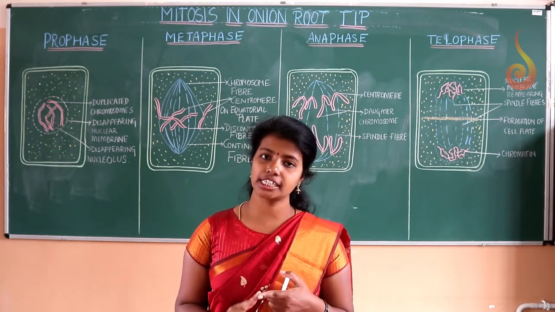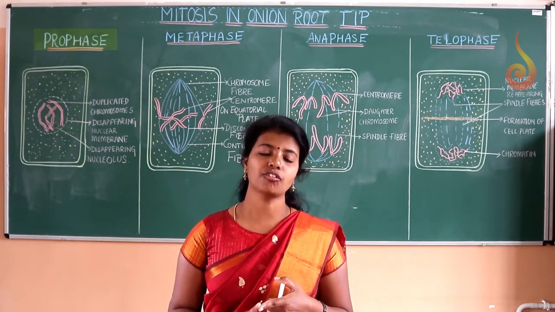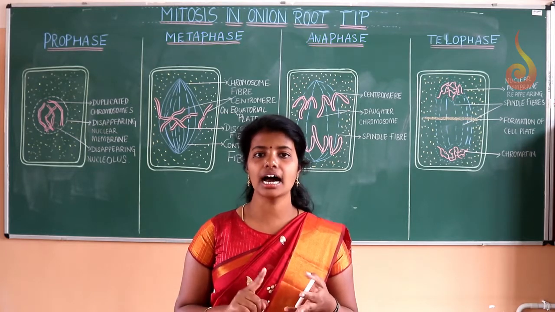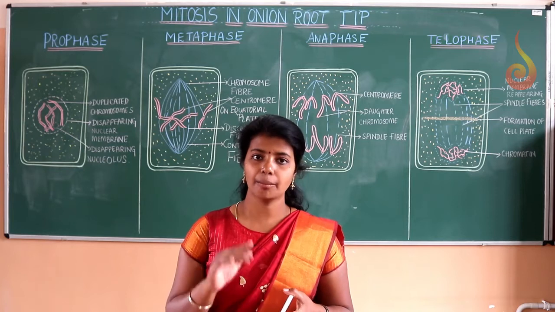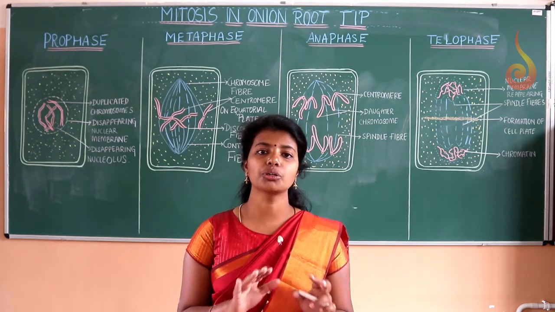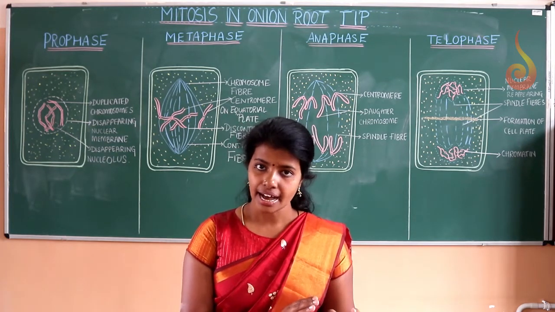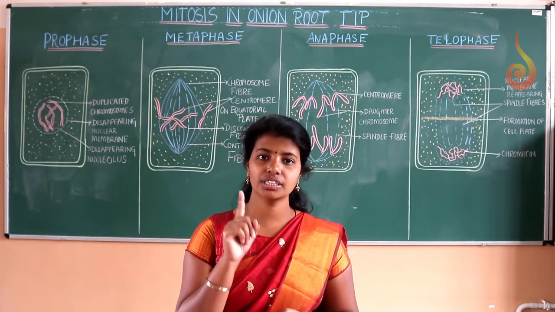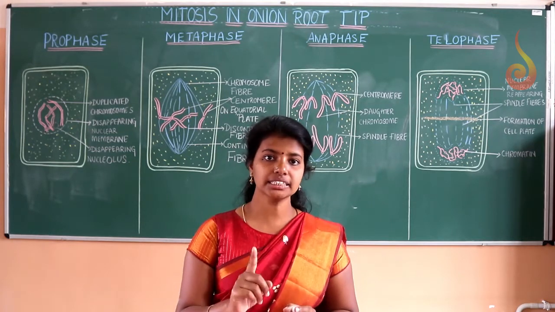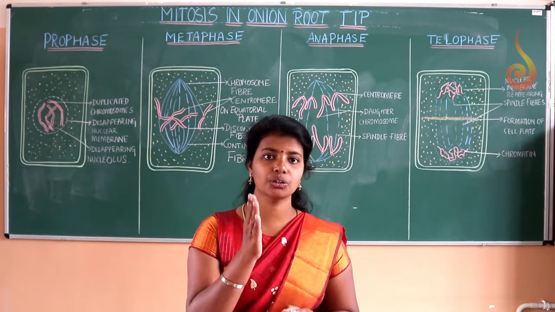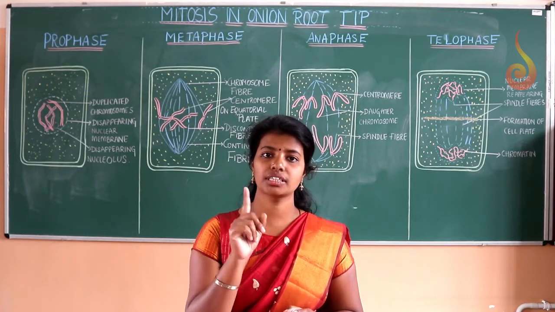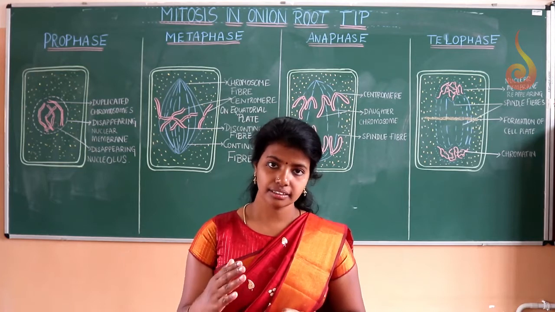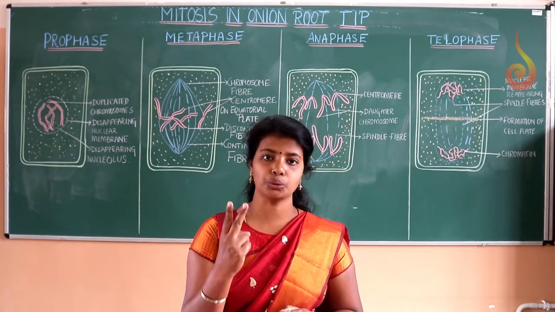The first initial stage is prophase, followed by metaphase, then anaphase and the last one is telophase. By telophase, the division of nucleus gets completed and by the end we could see 2 daughter nuclei within one cell. So karyokinesis is done, there will be formation of 2 nuclei.